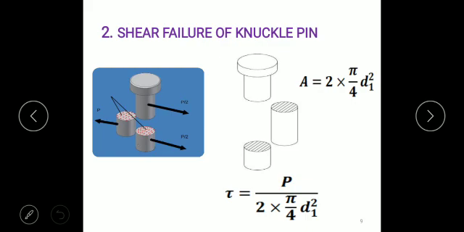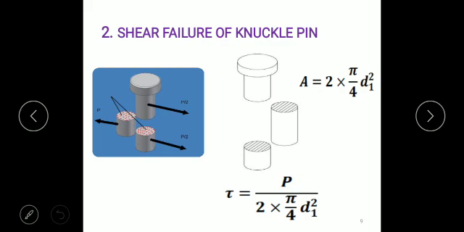We may select different materials for all three components, or we may select the same material for all of them. Here again the failure of the pin is possible in two ways. Either the pin can fail in shear, or the pin may fail in bending. Again, two possibilities of failure of the pin.